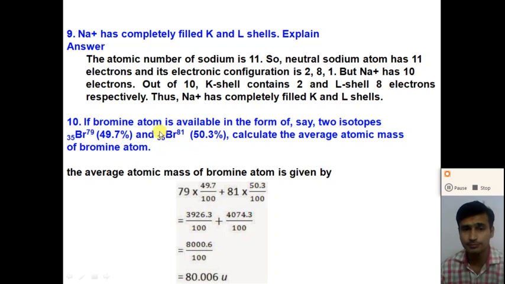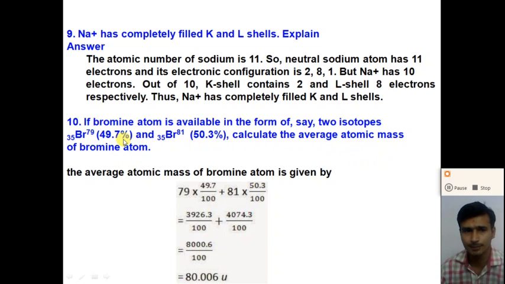So here there are two isotopes of bromine. The atomic number 35 is the same, but the atomic mass is different. Calculate the average atomic mass of the bromine atom.